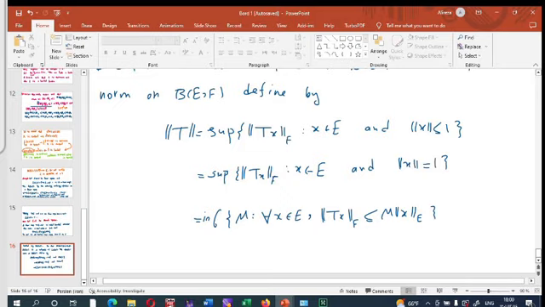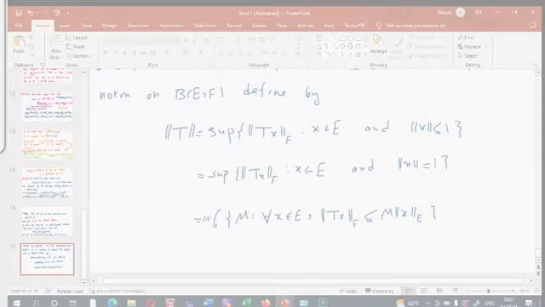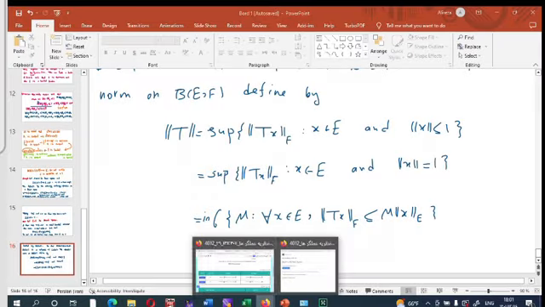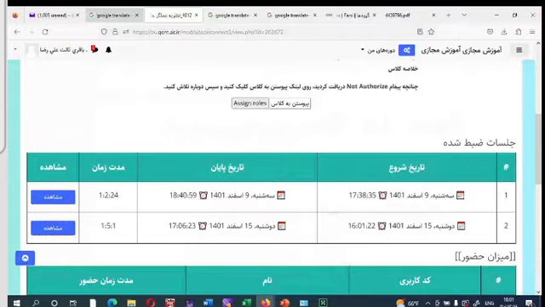It is trivial that this is a norm on B of E and F, okay? As an exercise, please let me write this for you.